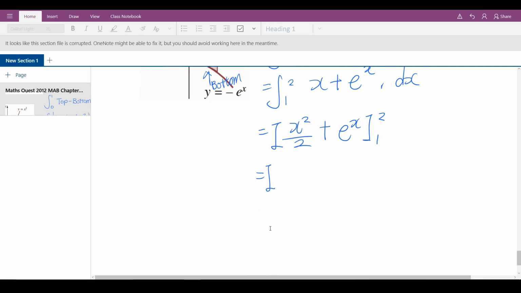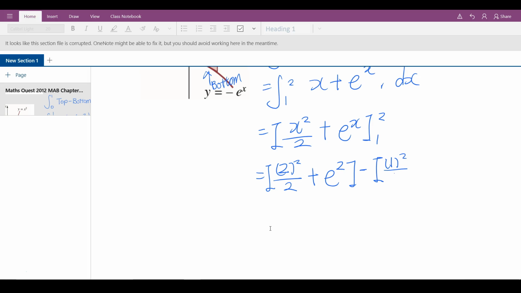It becomes 2 squared over 2 plus e to the power of 2, minus 1 squared over 2 plus e to the power of 1.